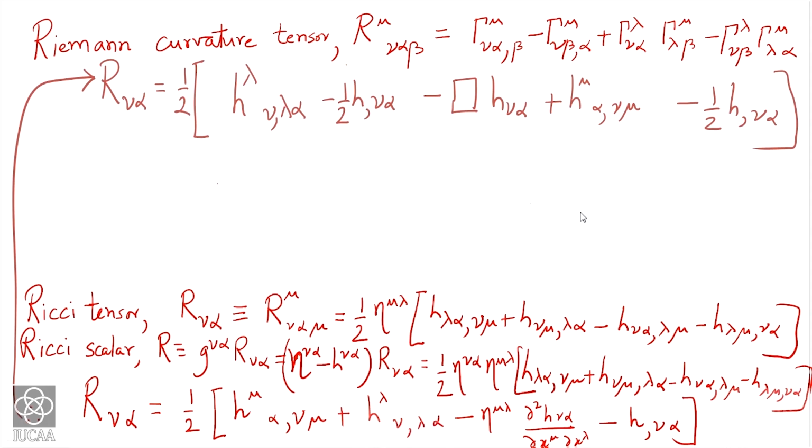That is the reason I am doing a regrouping. So, this whole object can therefore be written as, first of all, the d'Alembertian term. Let me write it as minus half d'Alembertian of h nu alpha. That is one I have got.